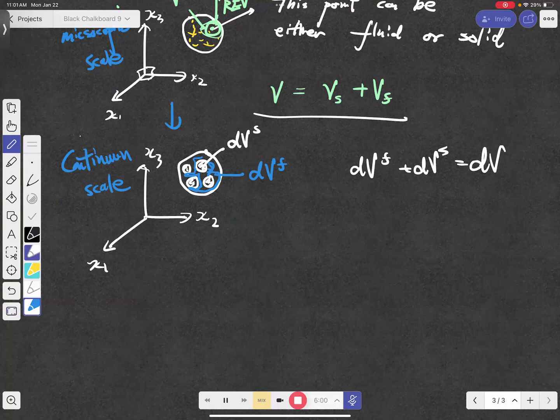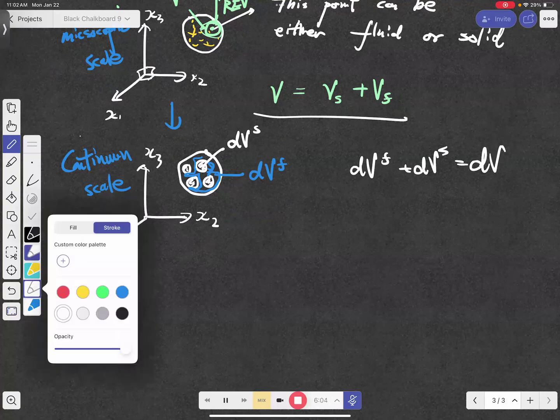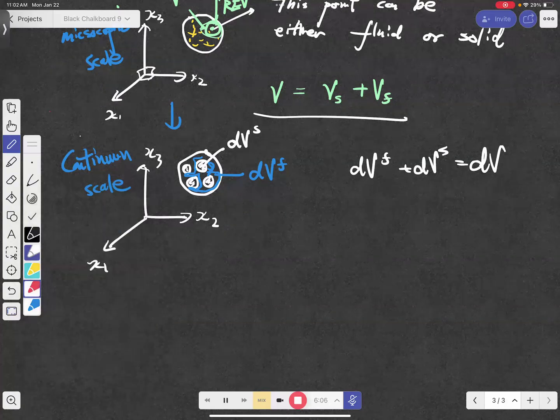Now, if I want to introduce more terminology just for convenience, I may not want to directly use dVF and dVS all the time, the volume fractions. So what I can do is introduce a concept called porosity.